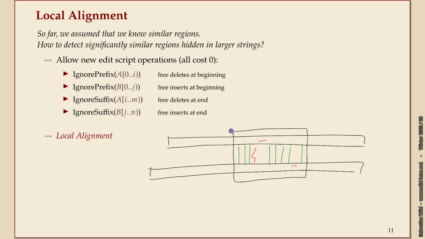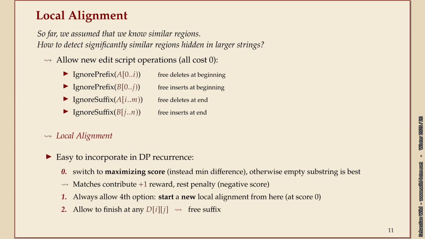So for local alignments, you have to flip things around. Instead of minimizing a distance, you have to maximize some score. So you have to reward the matches explicitly. Otherwise, you'll always get the trivial solution, oh, just pick the empty string from both. They are very similar. That's an easy switch.